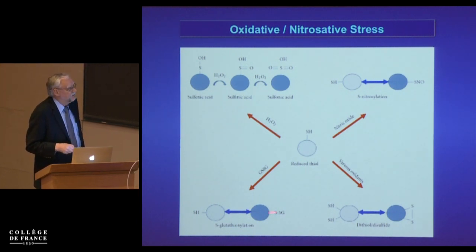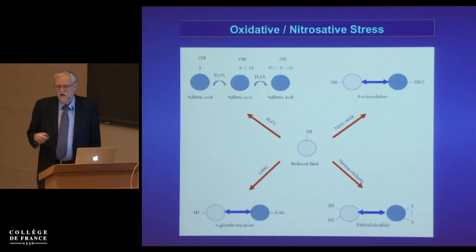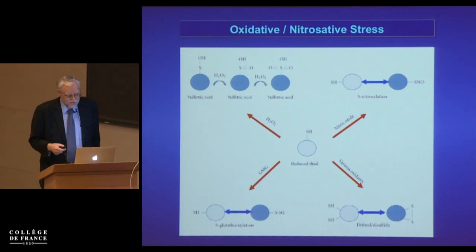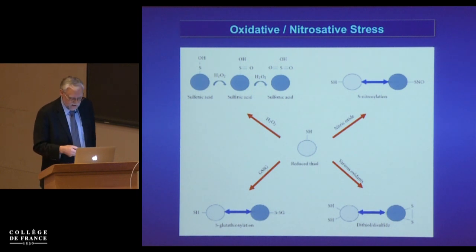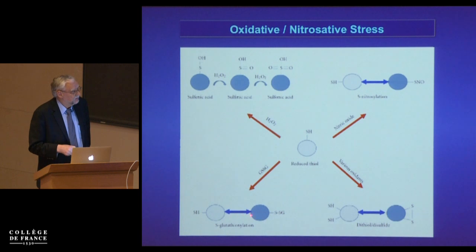Glutathionylation is another modification, and we will come to glutaredoxin soon. Glutathionylation is a little bit like phosphorylation. It induces, of course, a negative charge. Glutathione is a negatively charged molecule, and this is a way of modifying the protein.